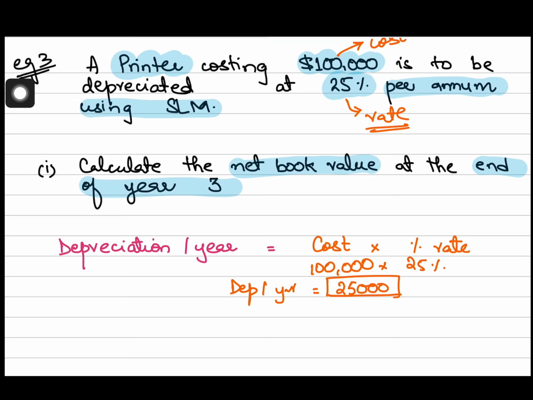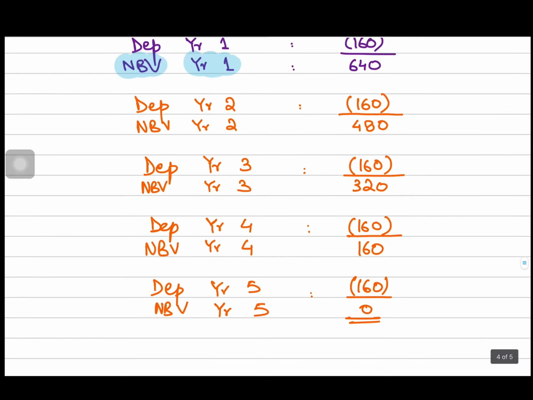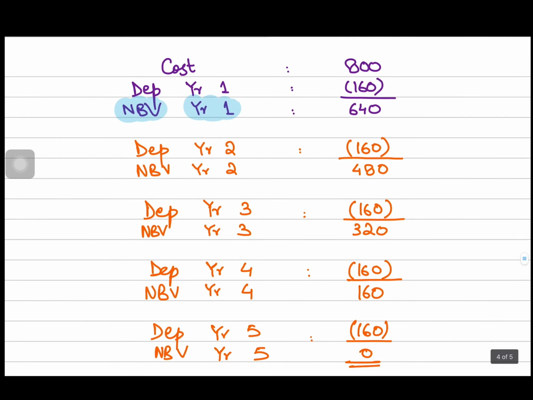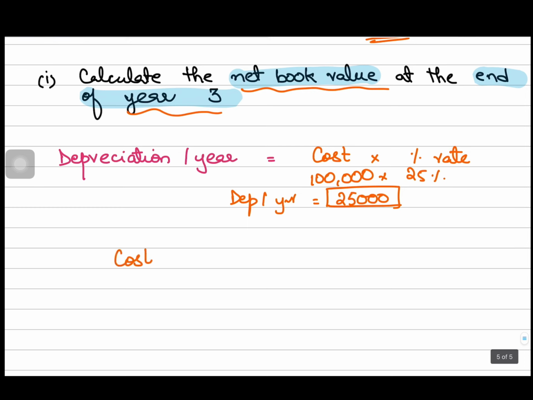Okay, now what are we asked? We are asked to calculate the net book value at the end of year 3. So we have just learned a way to calculate net book value, and this is a very simple way, right? Now we can use this method. First of all, what is the cost? The cost is $100,000. Year 1 depreciation is $25,000, right?